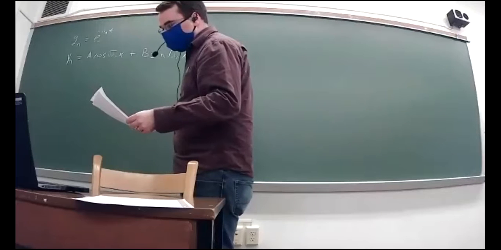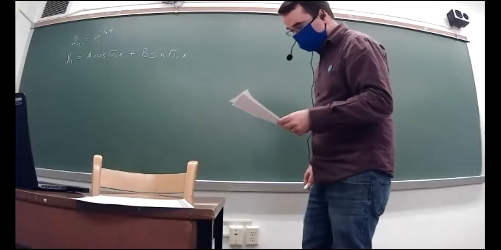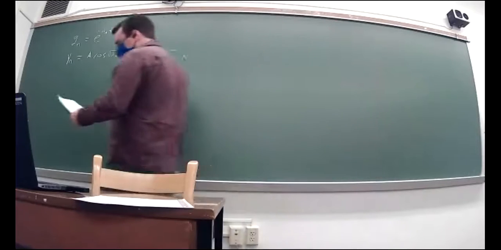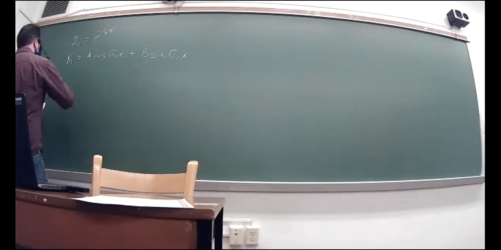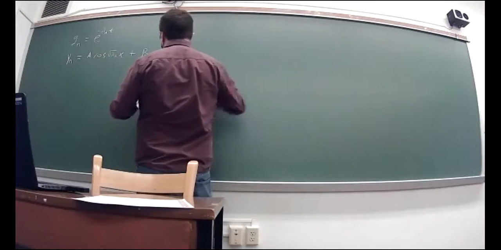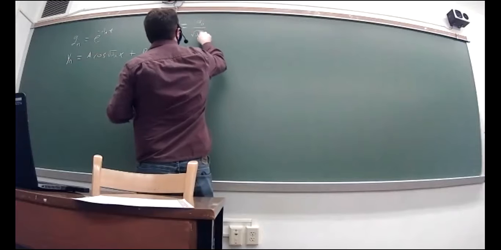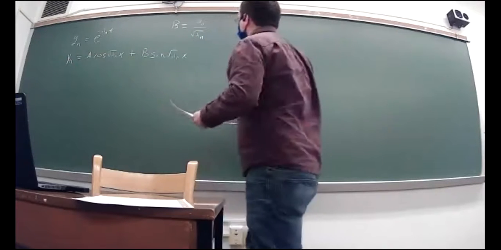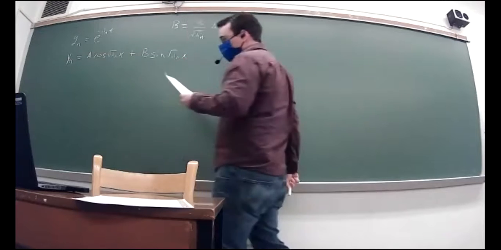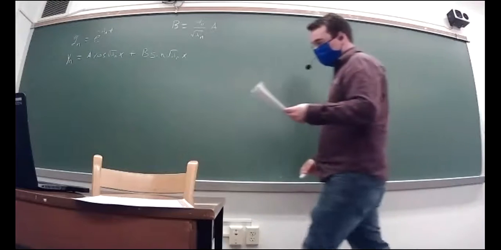We also found that b times root lambda equals a naught times a, so that b equals a naught over root lambda times a. So I'll write that down. We found that b equals a naught over root lambda n, because eventually the lambdas will depend on n. We found this equation from our initial conditions, which permits me not to write everything down again.